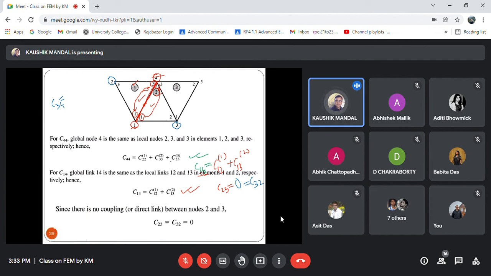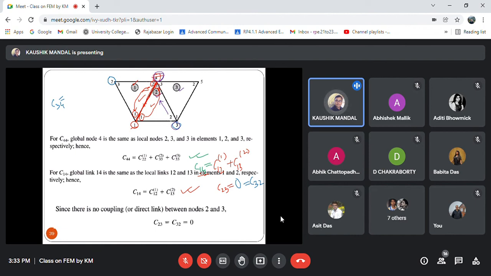C of 3, 4 means, once again, you identify it. This is the 3 and 4. This is the common boundary wall between element number 2 and element number 3. Now 3, 4 means when you write down the corresponding element coefficient matrix, you will move from this point to this, not in the reverse direction. C of 3, 4, we are going to find out C of 3, 4.